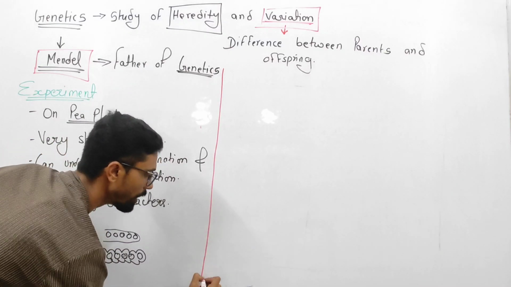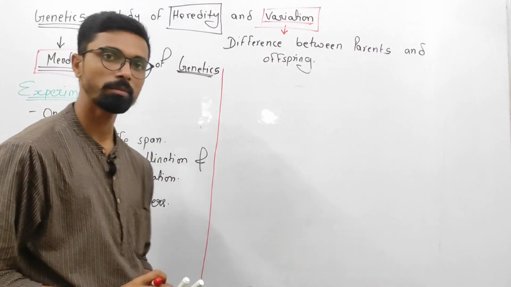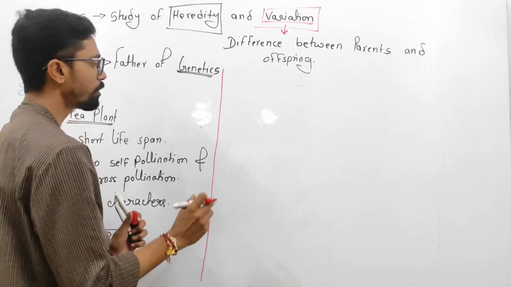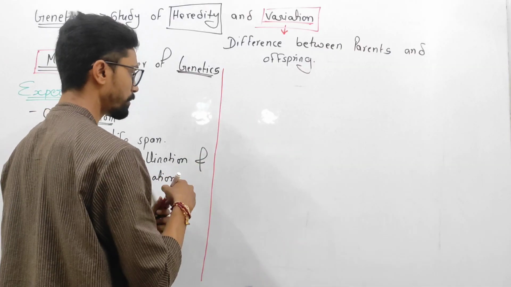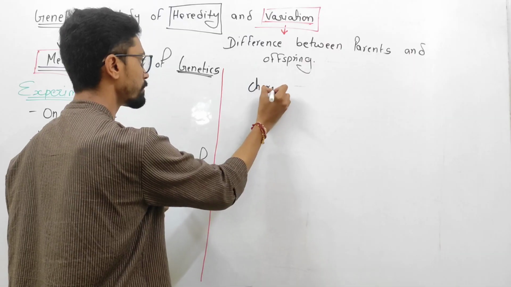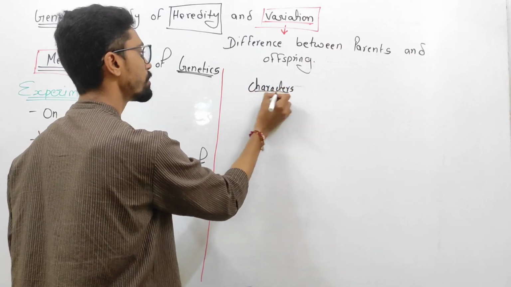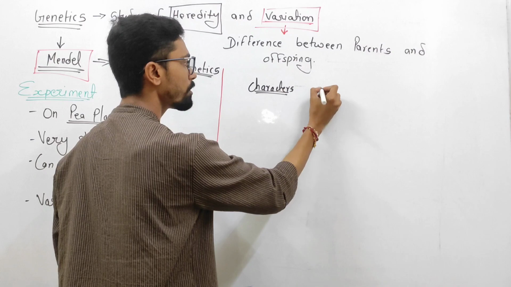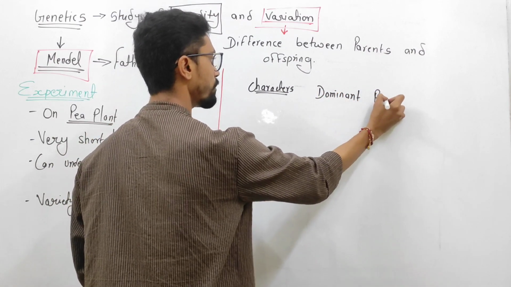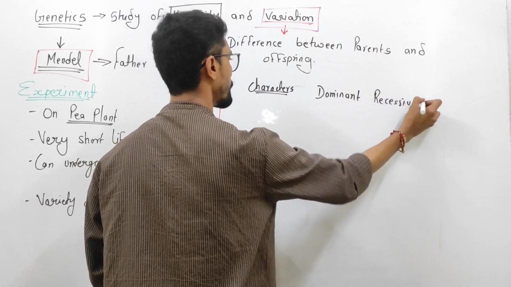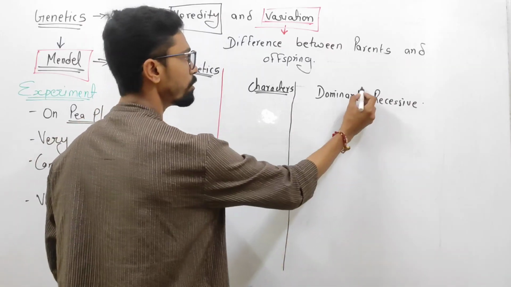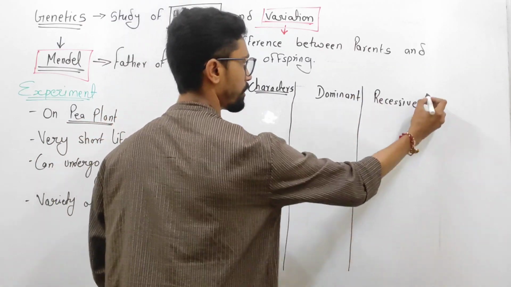Now we'll see how Mendel selected them. Each character has two forms: one is the dominant character and the other is the recessive character.